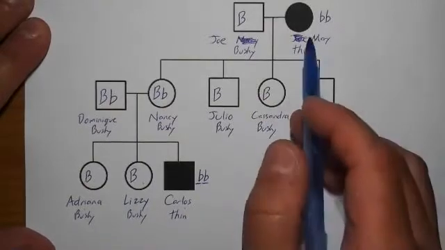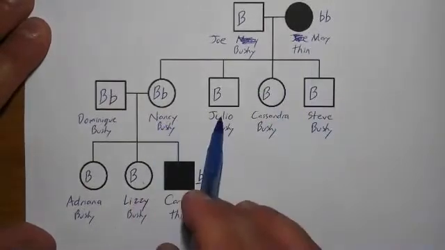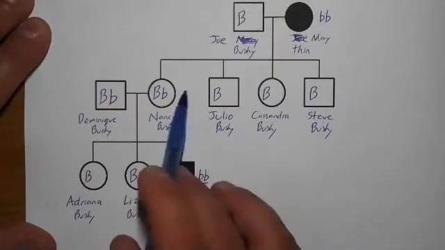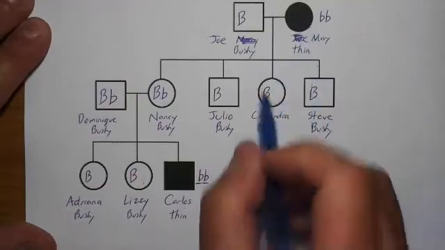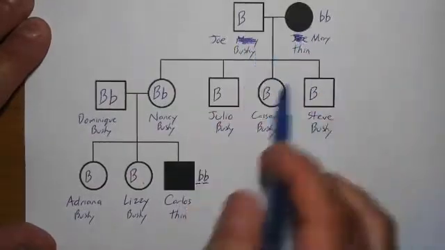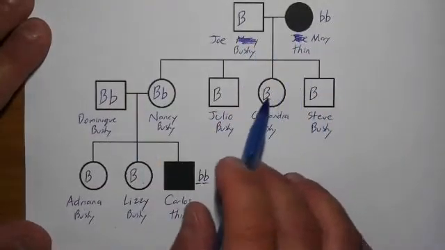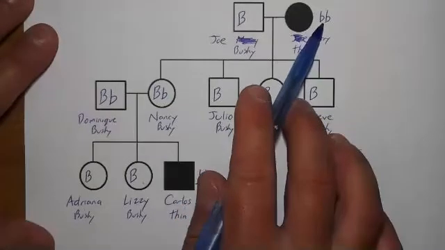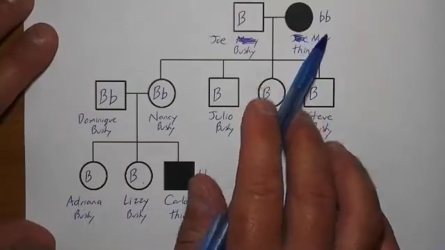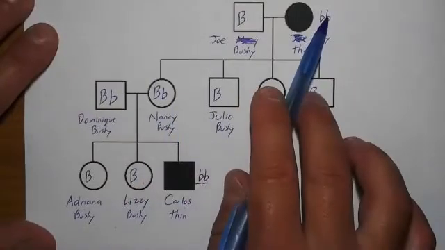Okay. Now, Nancy, Julio, Cassandra, and Steve are all brothers and sisters from Joe and Mary. So if Joe and Mary gave birth to all these kids, you say, all right, well, let me look at this. The parents, Mary is little b. So the only thing Mary could give to any of her children is a little b.